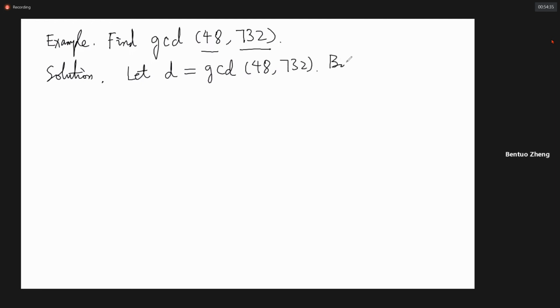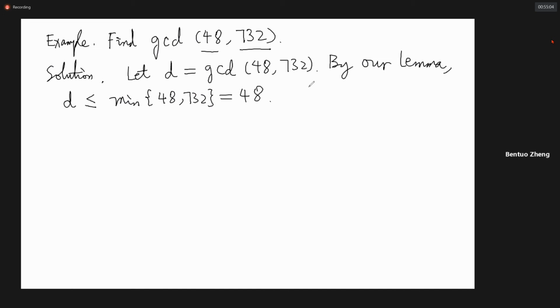By our lemma, D is less than or equal to the minimum of 48 and 732, which is 48. So the greatest common divisor is less than or equal to 48.